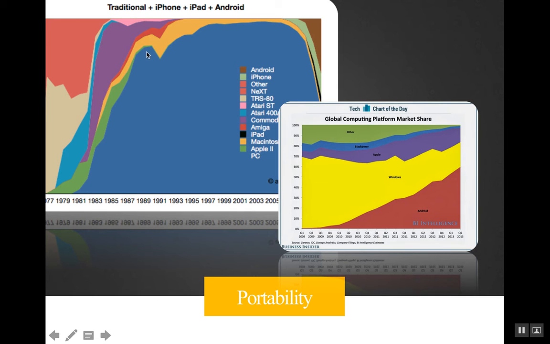They've maintained a pretty strong positioning; it's plateaued a bit, but still strong. Some of the other ones we see, like Apple, this is the Macintosh, which was introduced in the 83, 85 time frame. Some of these other ones are more legacy.